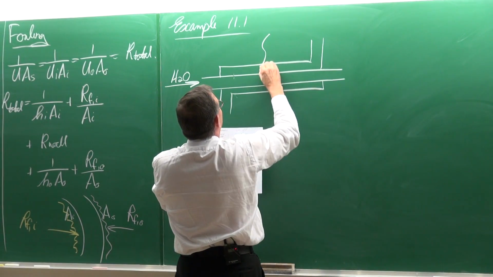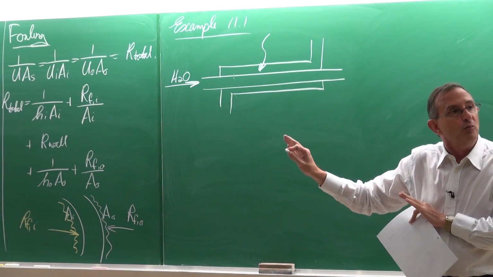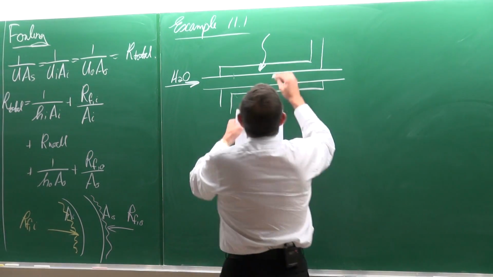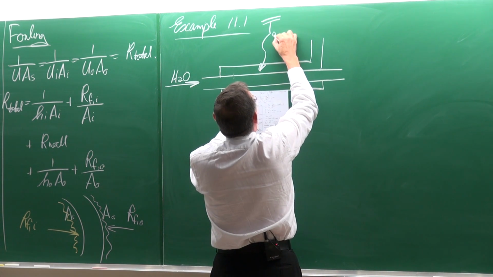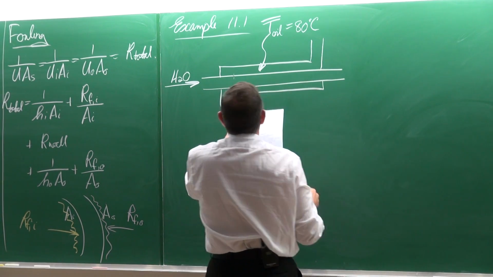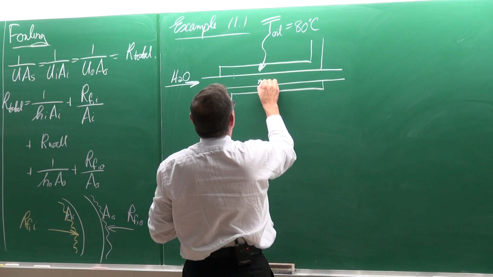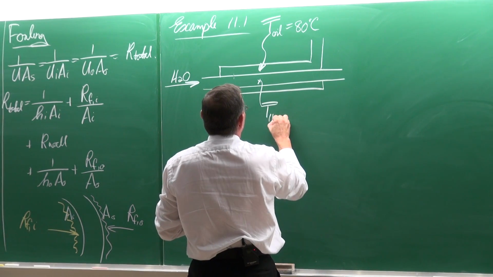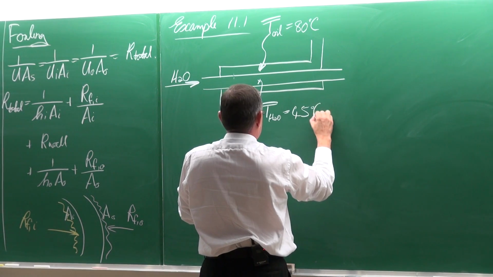And normally, this is just for this specific example to show a point, the average temperature of the hot fluid, which is oil, is given as 80 degrees Celsius. Okay. And the average temperature of the water is equal to 45 degrees Celsius.